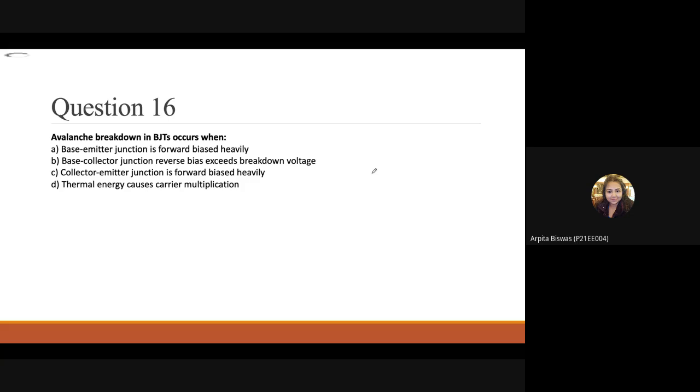What is the right option? Ma'am, base collector junction reverse bias exceeds breakdown voltage. Yes, option B, right? Yes, ma'am. So base collector junction reverse bias exceeds the breakdown voltage.